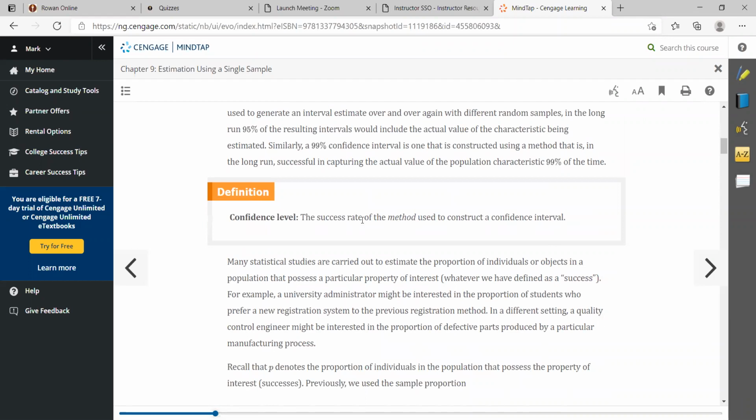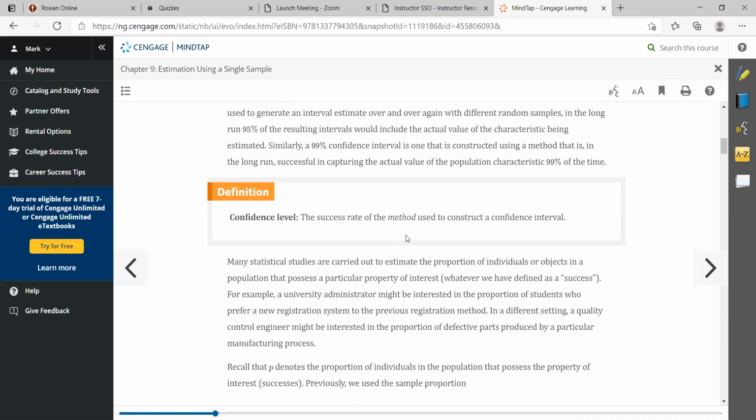But in addition, you need to know this other term called confidence level. It says this is the success rate of the method used to construct a confidence interval. Now, what's the method that we use? Well, we take our point estimate and we add and subtract to it the margin of error. That's how we're going to construct it. There are other ways of constructing a confidence interval besides that, but that's the way we're going to do it. And the confidence level says, suppose we had 1,000 people creating the same type of sample and coming up with a sample mean or sample proportion.